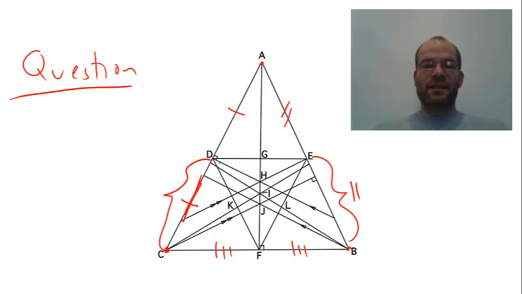The answer is yes, because we have a couple of midpoints. D is now a midpoint, E is a midpoint, F is a midpoint, and so of course DE, EF, and FD are all mid-segments.